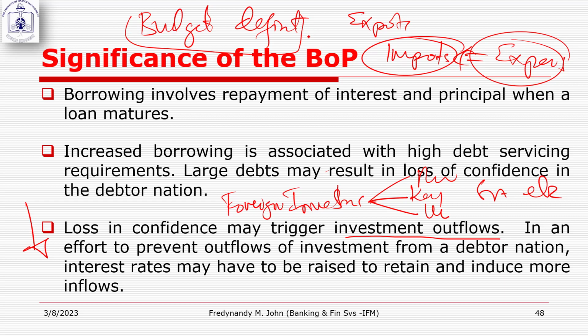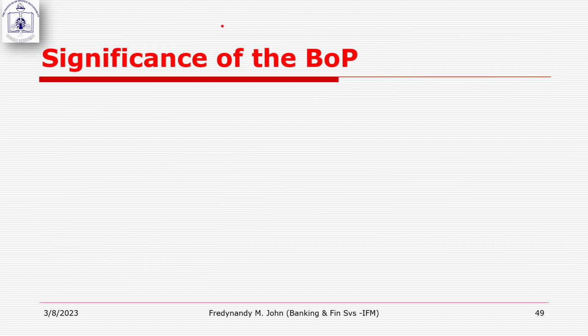Now, if you can no longer export, if foreign investors are leaving your country, and if you import more than you export, you're going to have a serious current account deficit, and subsequently you won't be able to finance your budget. So you're going to end up with a budget deficit as well.